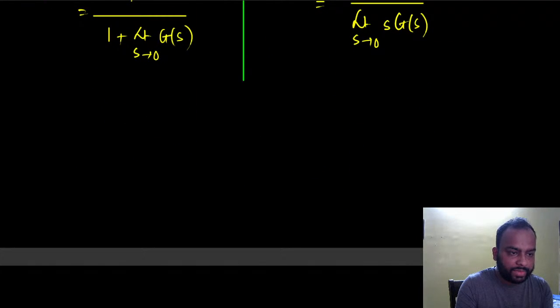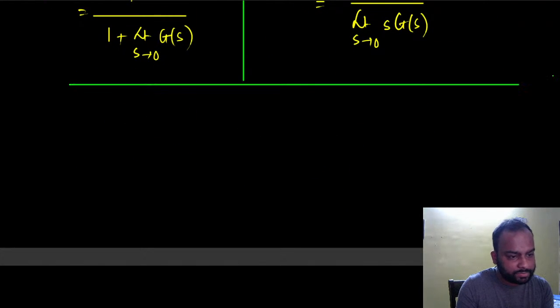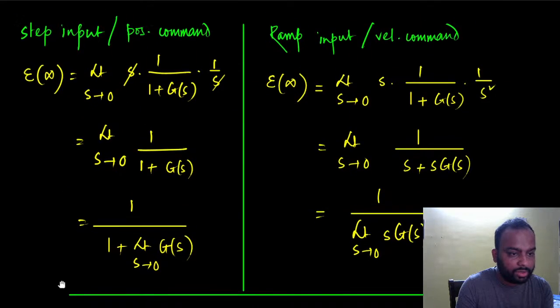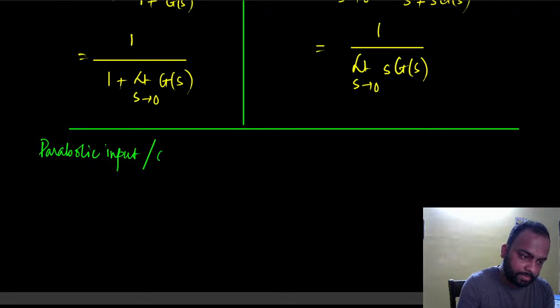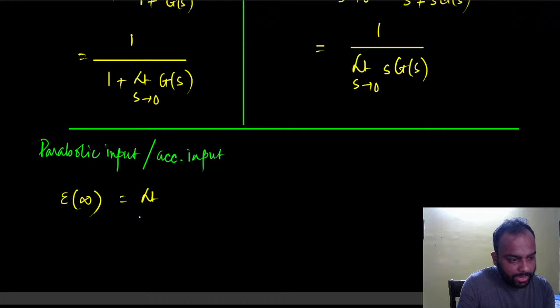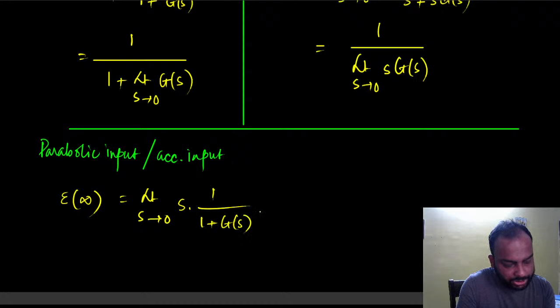And for the other case, for the acceleration input, so parabolic input, e infinity would be limit s tends to 0 of s times 1 by 1 plus G(s) times 1 by s cube.